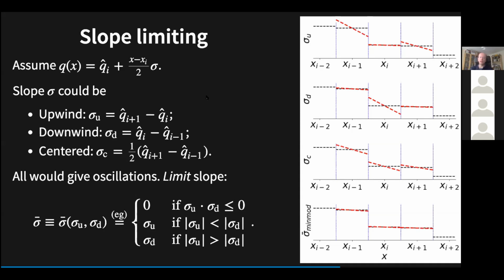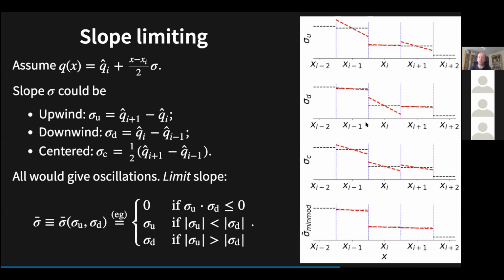Now, we can easily think of different ways of approximating the slope based on the cell integral average and its neighbors. And the forward, backwards, and central differencing algorithms suggest the upwind, downwind, and centered slopes.